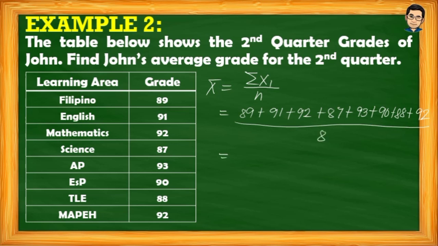So ngayon i-add natin sa pamamagitan ng pen and paper lang. So solve natin. 89 plus 91 plus 92 plus 87 plus 93 plus 90 plus 88 plus 92.